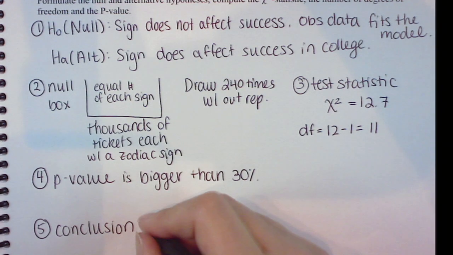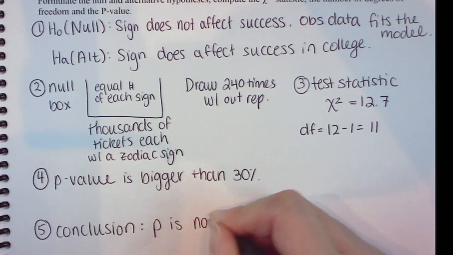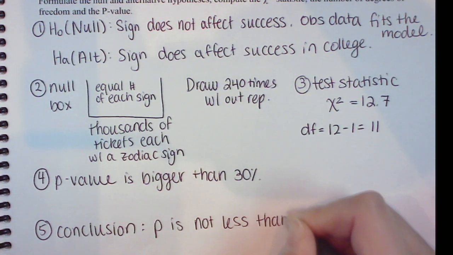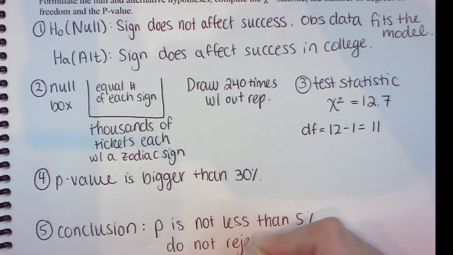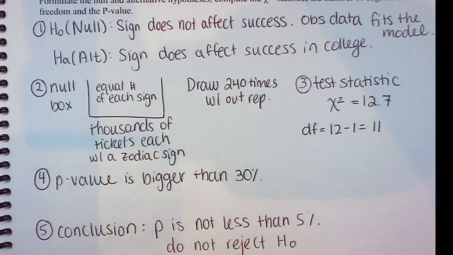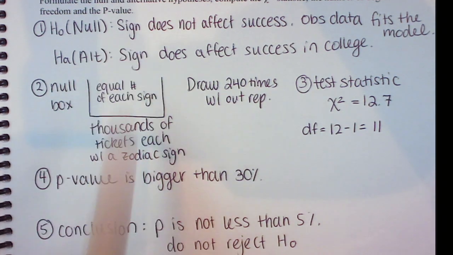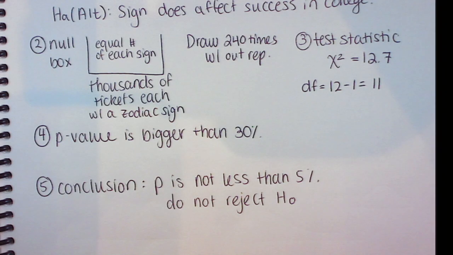So my conclusion is that P is not less than 5%, so we do not reject the null. And so we wrote down our null, sign does not affect success, so there's evidence of that. We're not rejecting it. And again, that whole idea of accepting the null, statisticians don't like when you say that, so you'll notice I always phrase it as we do not reject it, but you can think of it as saying there's evidence of the null.